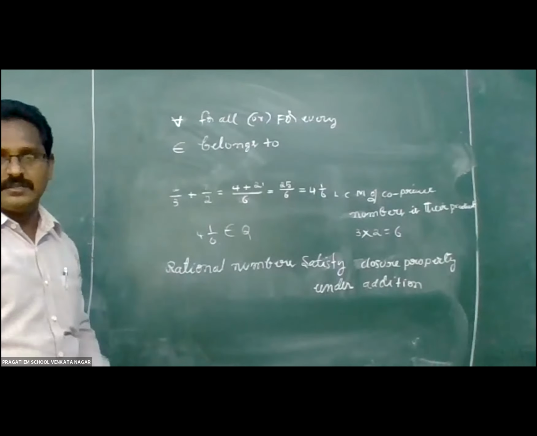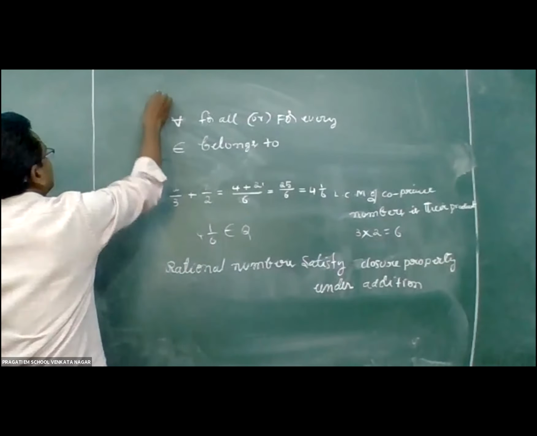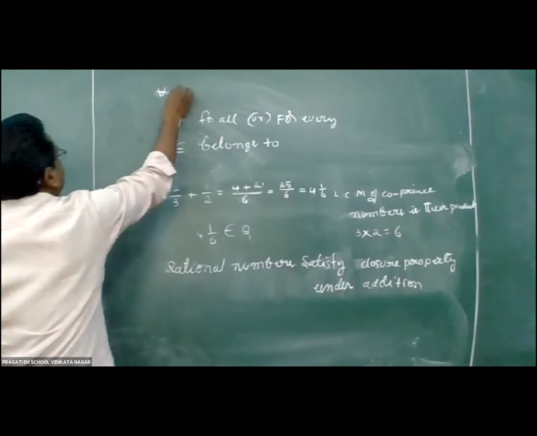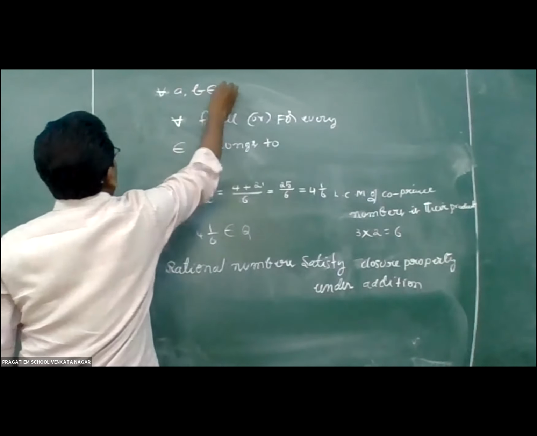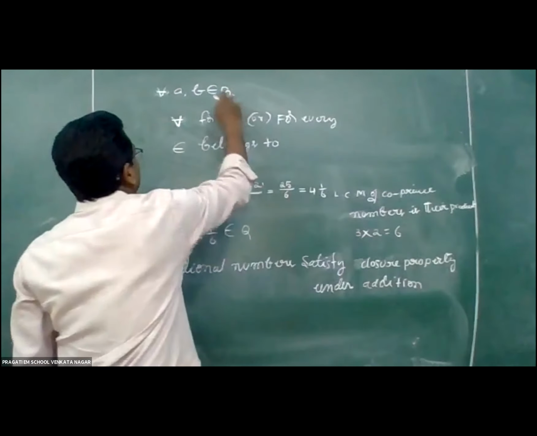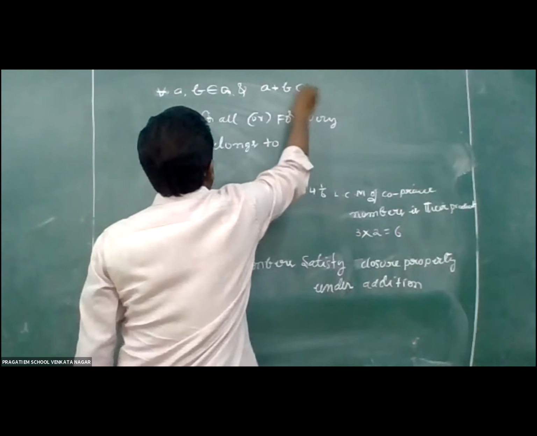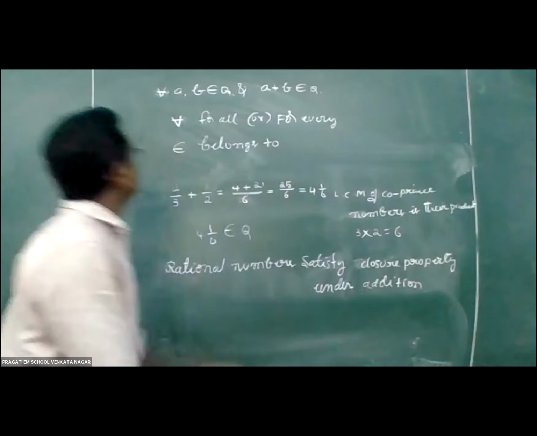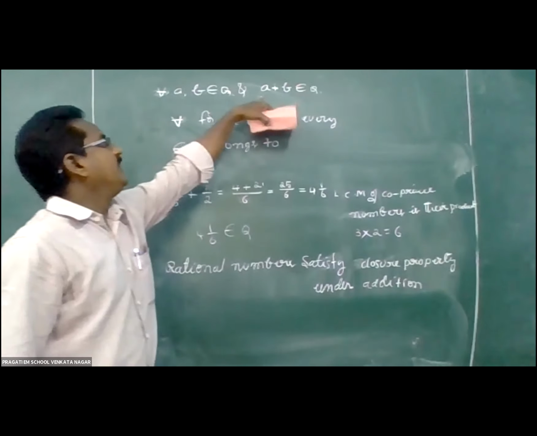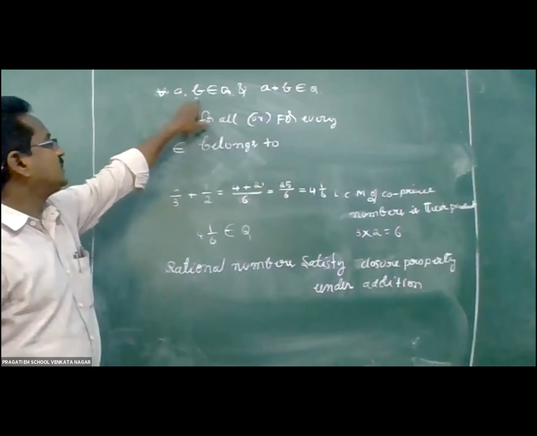Using these symbols, you can write it like this: for all A comma B belongs to Q and A plus B belongs to Q. These two are rational numbers.